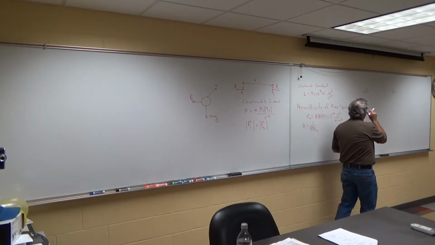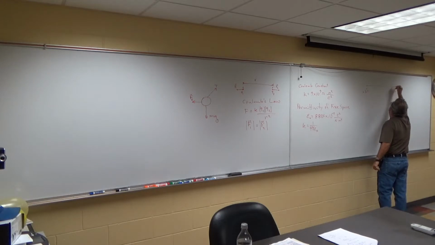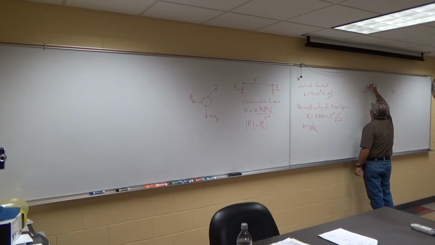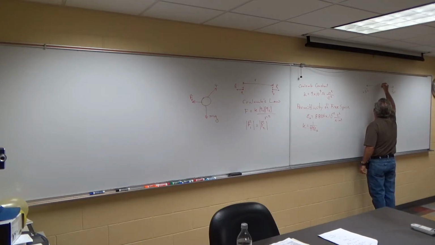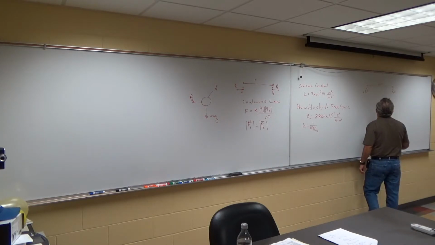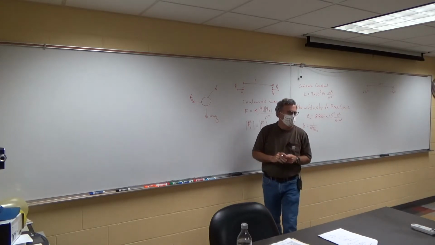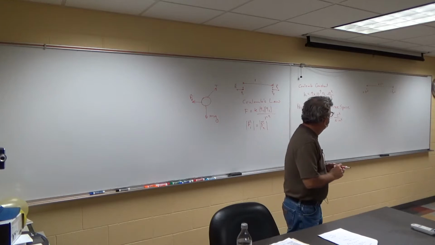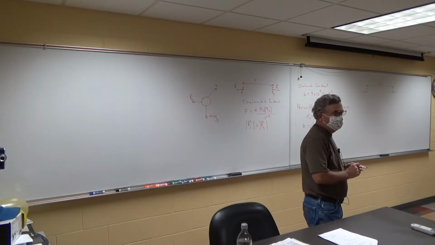Let's say they're separated by something simple, 0.5 meters. So 50 centimeters separates a plus 3 microcoulomb and a negative 5 microcoulomb charge.